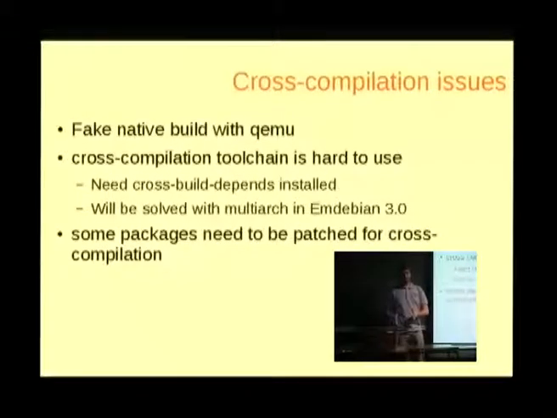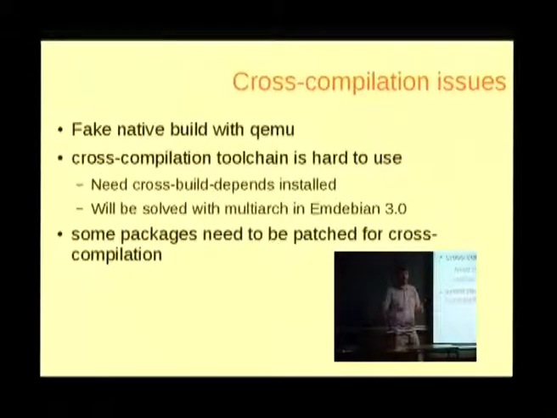And for now, the Emdebian people have said it's too difficult, but in Wheezy, the release which is due more or less now, there will be full multi-architecture support, so all the libraries can be side by side for multiple architectures, and that makes it very easy to support this cross-compilation environment in a typical Debian way.